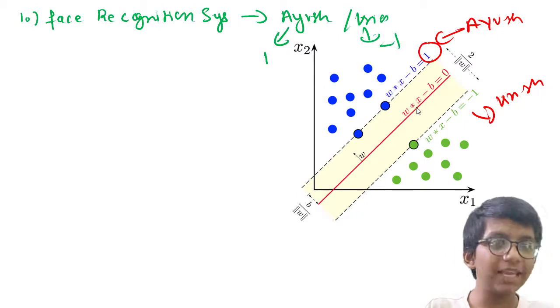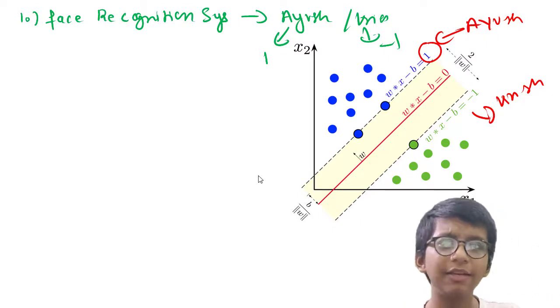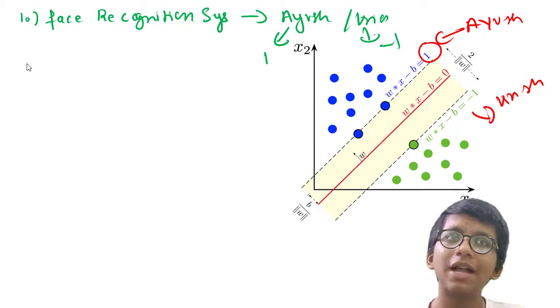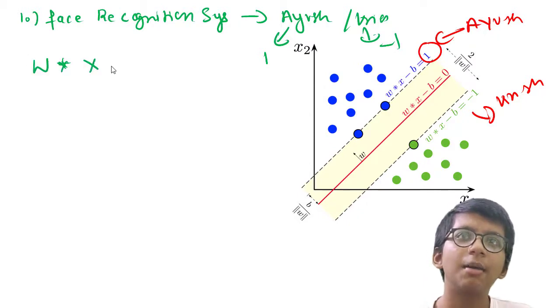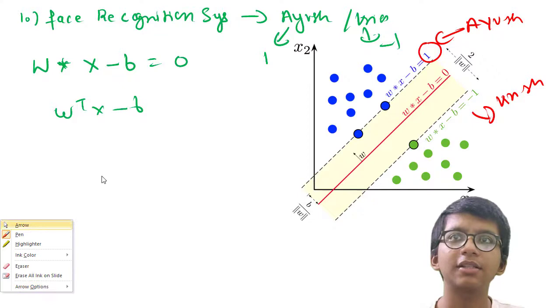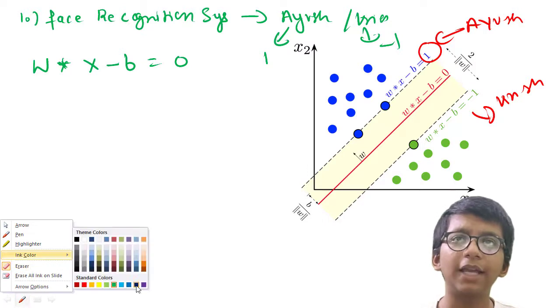So what I'm saying is that you have constructed a hyperplane because it's linear data, with the condition W times X minus B equals 0. You can write W transpose X minus B; it's just the same, but in this case it's a vector. So you have computed that hyperplane.